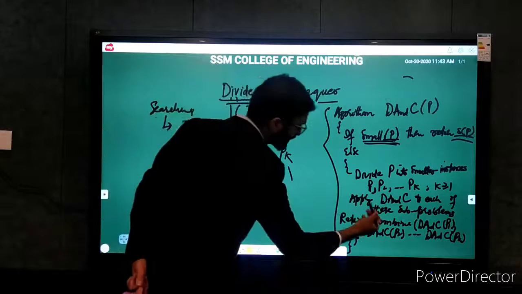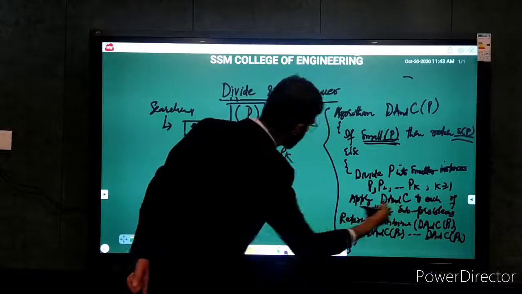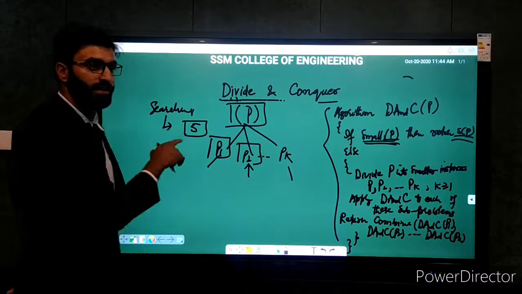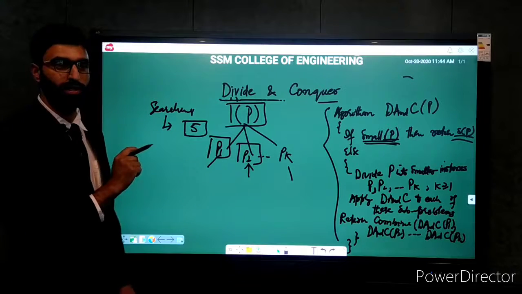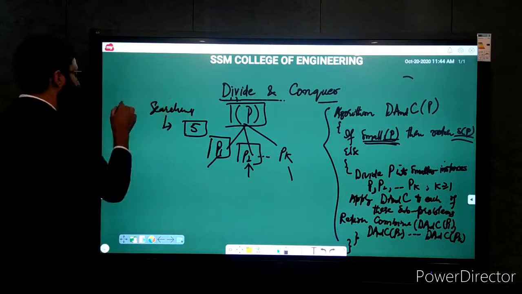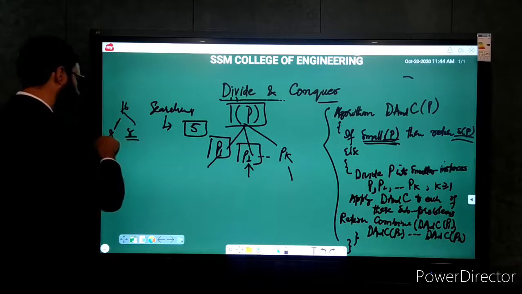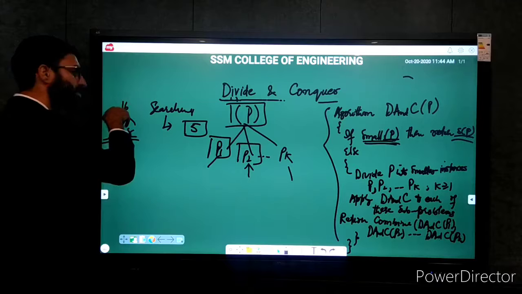And after that, what will I do? I will apply divide and conquer to each of these sub problems. Like we have seen in the counterfeit coin, we divided a bag of 16 coins into 8 and 8. This is also a set of coins, the same type.